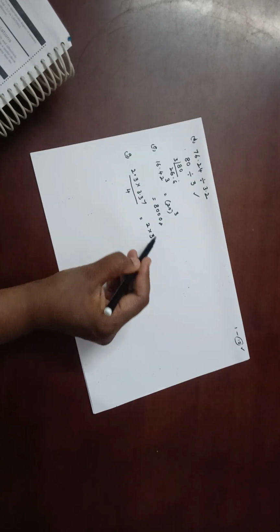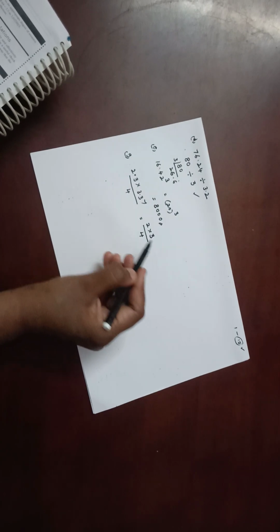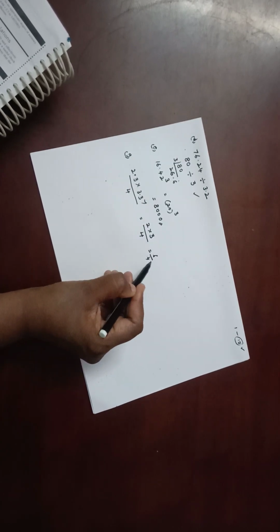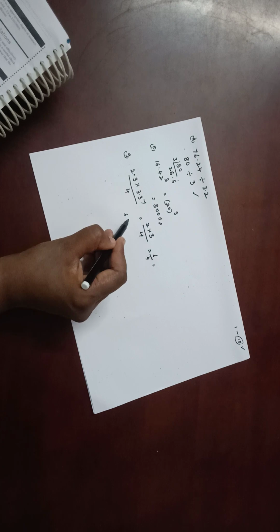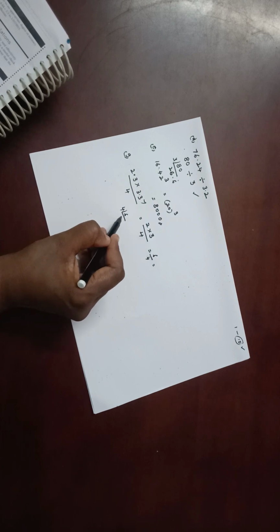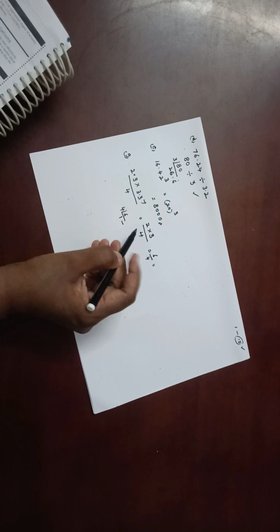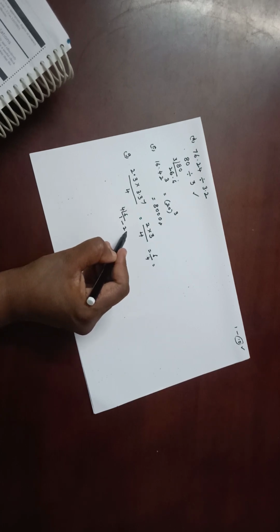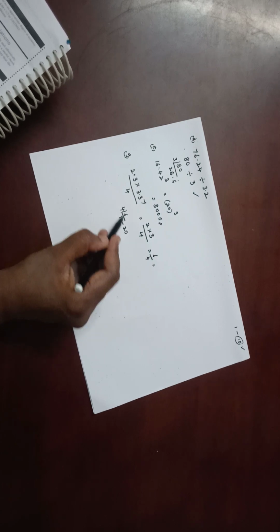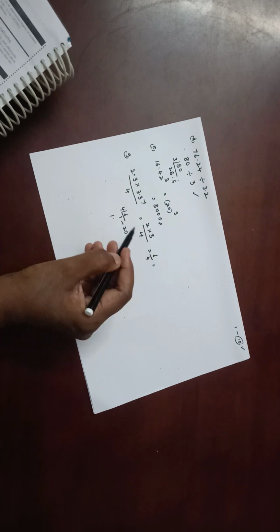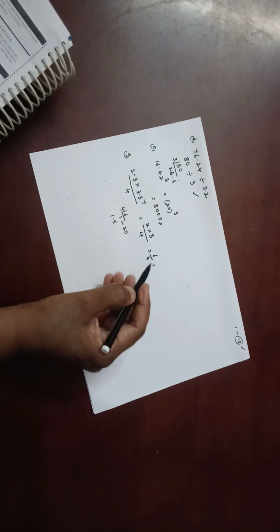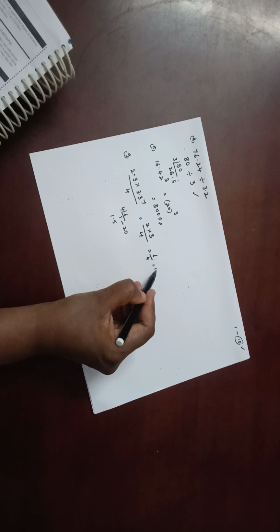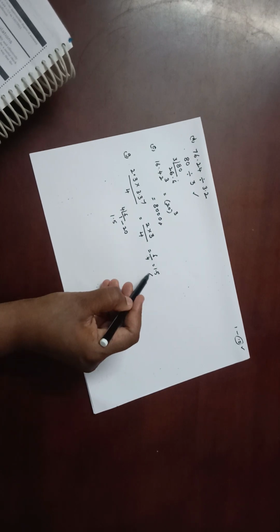So this is 3 by 4, that is 6 by 4. 4 ones are 4, the remainder is 2, so 2 means 20. Then 1 point, we take the 0 as 5, 4 5s are 20. So 1.5. This is the value.